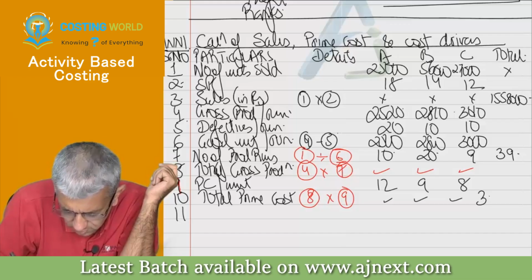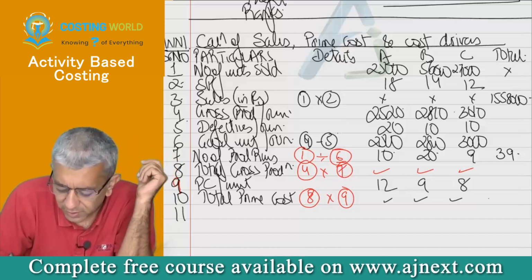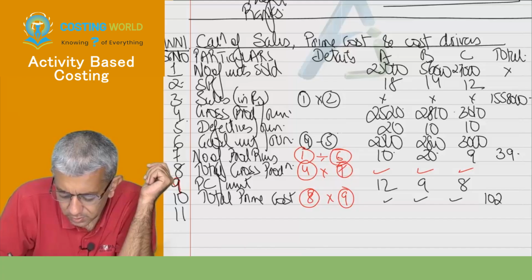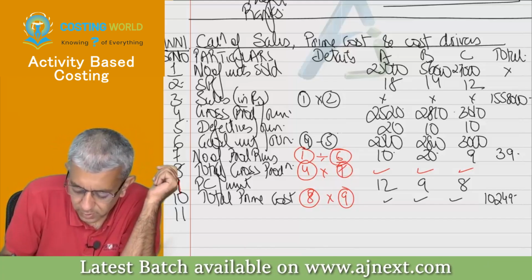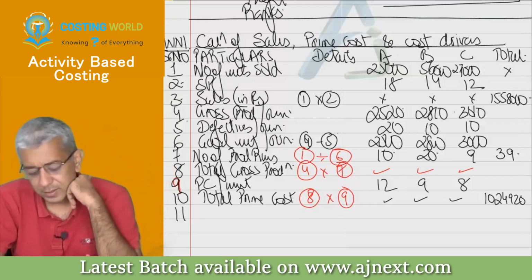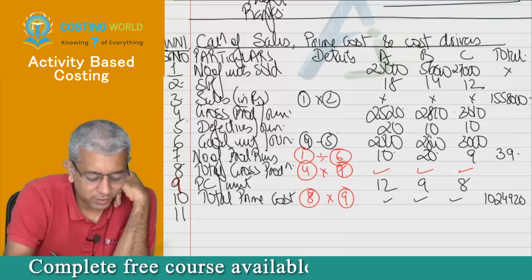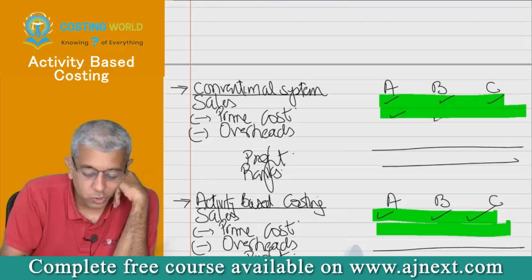That's not the total, that's for A. You can tell me the total, so everything will get verified by that only. 10 lakh 920. Okay. Actually, you don't require this, but I did that so we all can verify. We will not require that total figure. You will have written these three figures of prime cost over here also.